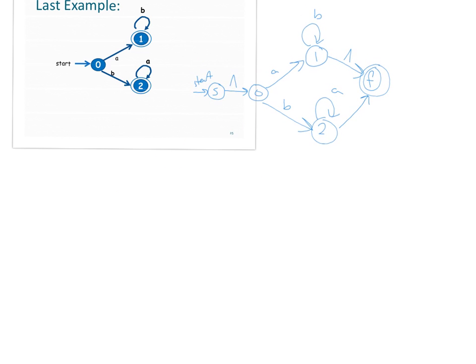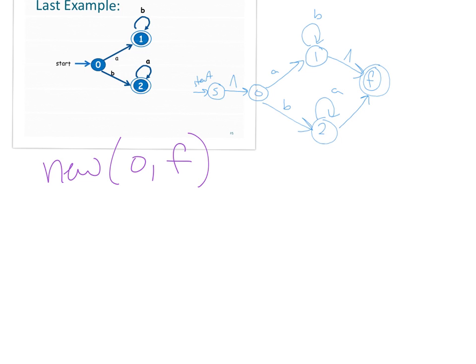Let's put it right there. And why don't we start with state 1 first, okay? So state 1 looks to me like state 1 is only en route from 0 to F. So we need to figure out a new path from 0 to F.